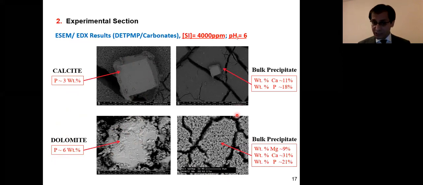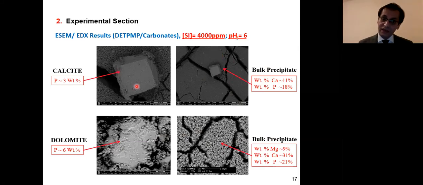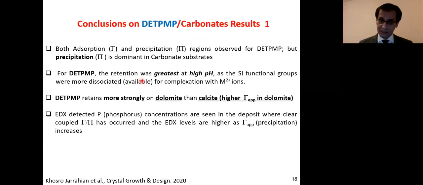However, in bulk precipitation, we could detect a significant amount of phosphorus in both cases, and the amount of phosphorus detected by EDX is higher in the dolomite system compared to the calcite system, which also confirms the corresponding apparent adsorption of DETPMP on dolomite and calcite. It also confirms that the precipitation is formed as a separate phase. It doesn't adhere to the calcite or dolomite grains.